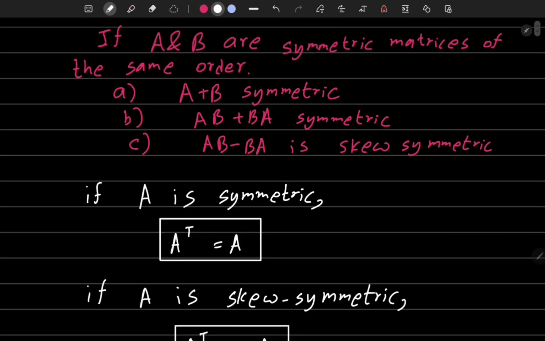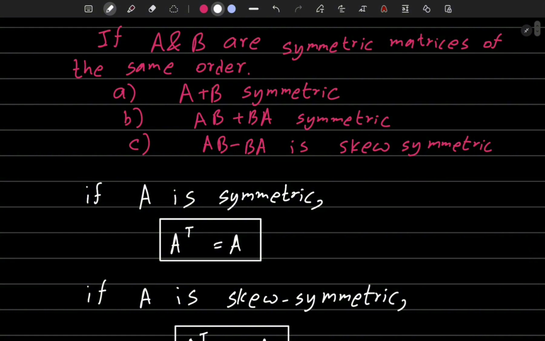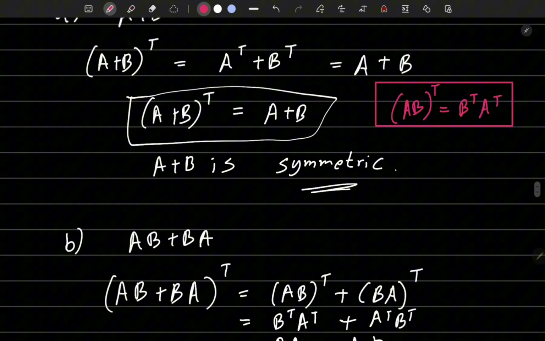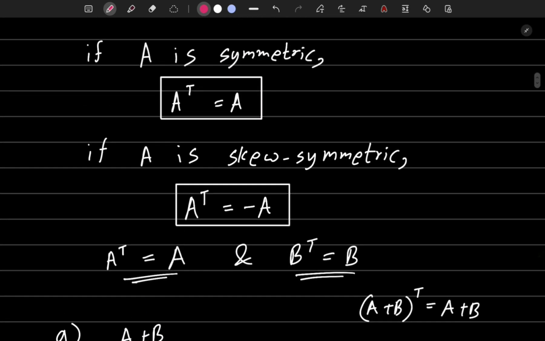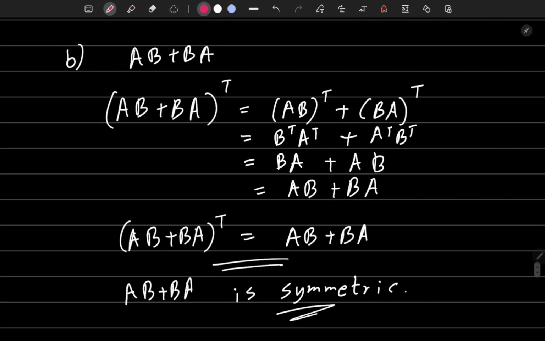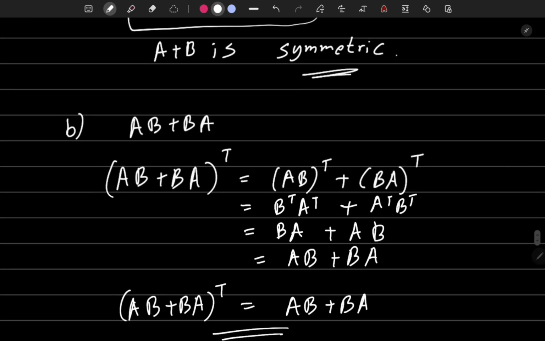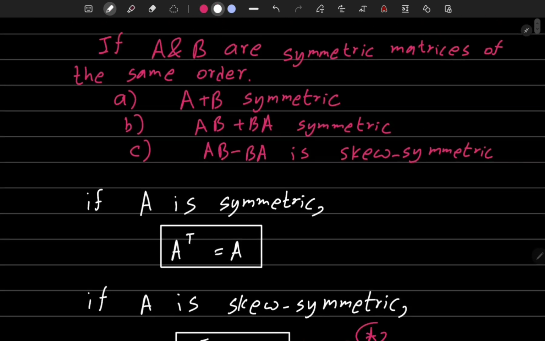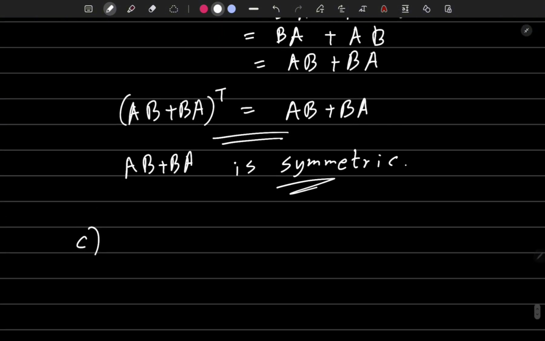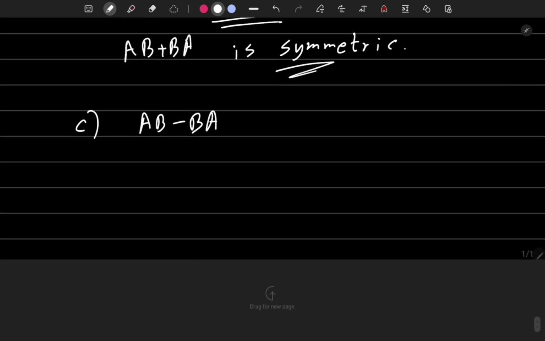Lastly, I am going to discuss that AB minus BA is skew symmetric. When I have to prove that, I can use this theory part. This is the C part: I have to prove that AB minus BA is skew symmetric. Let's take the transpose of this matrix, AB minus BA.